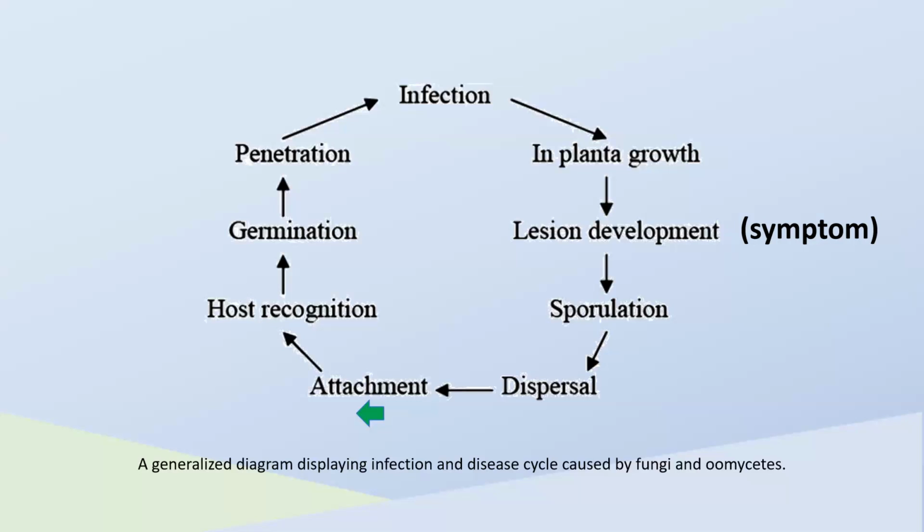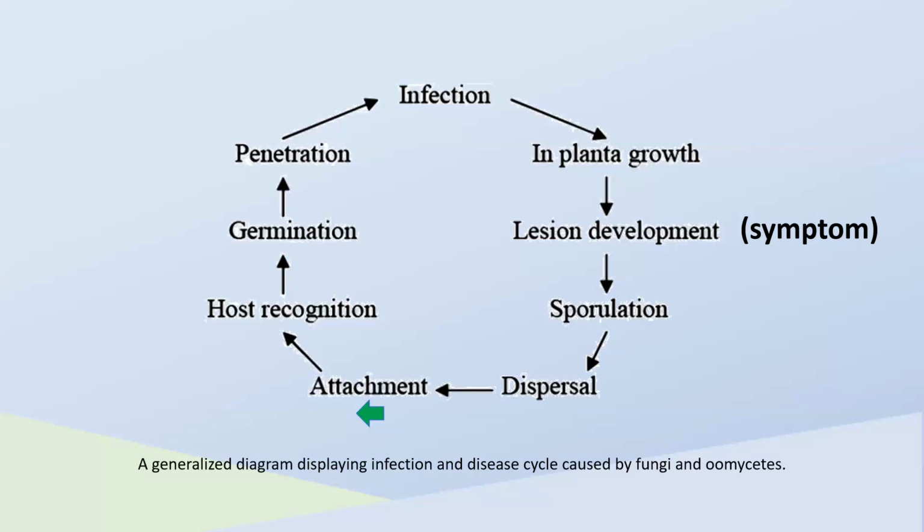So let's go back to attachment. We hope we can monitor the pathogen before it makes a lesion. Before attachment, the inoculum needs to move from one place to another.